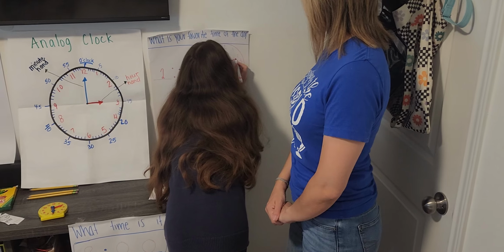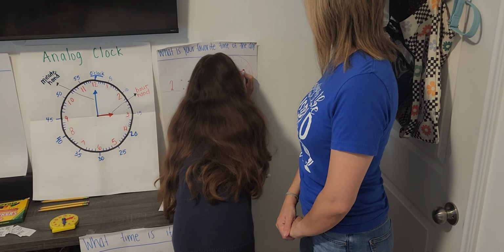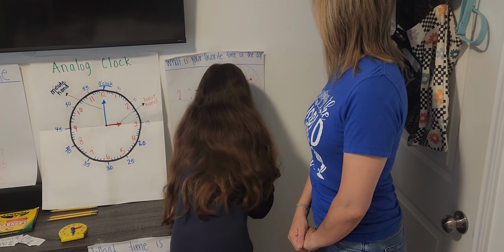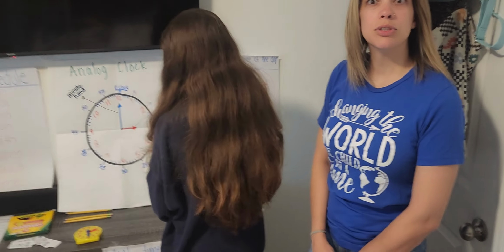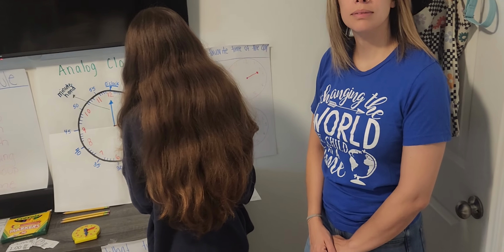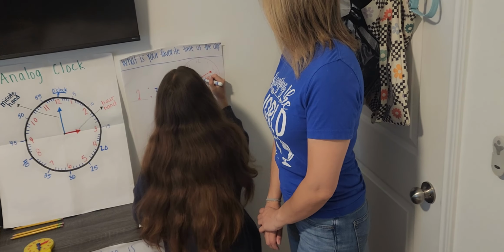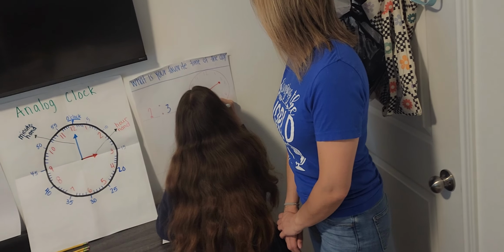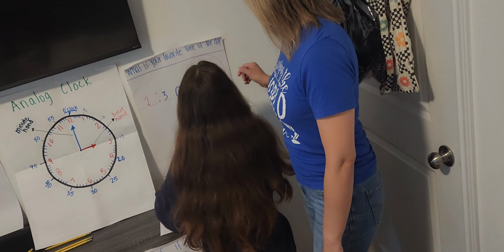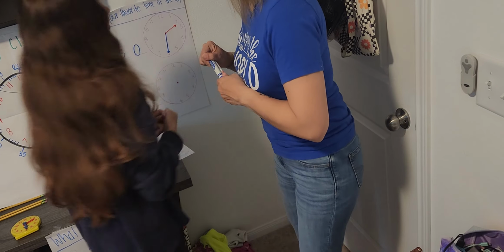Okay. Blue. That should be blue. Well, it's 2:30. And then the 30 is going to go on the 6. Good job. And you just looked at your clock to figure it out. Good job, Addie. So your favorite time is 2:30, and that's when it's time to go home.